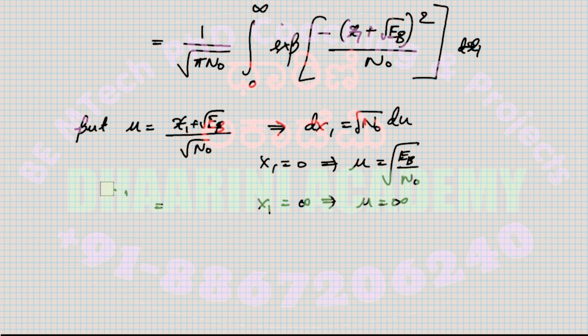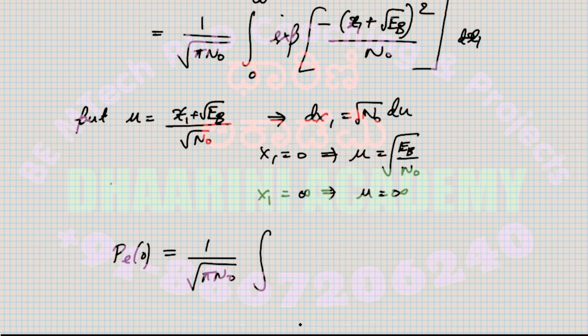Let's substitute this back in the equation. I'm trying to write PE of 0, that is equal to 1 divided by root of pi into n naught times the integral. The lower limit changes, that is root of Eb by n naught to infinity.